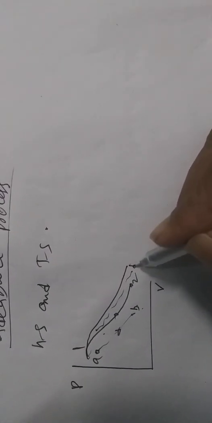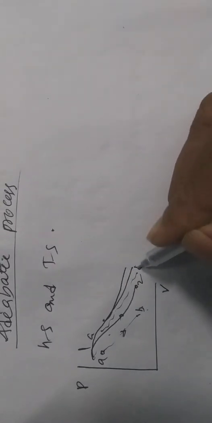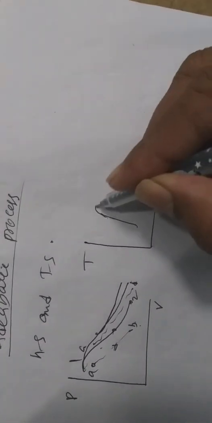This is point 2, this is point 1. This is the dotted line, this is D, this is C. So this is the pressure and volume diagram, and this is the temperature and entropy diagram.